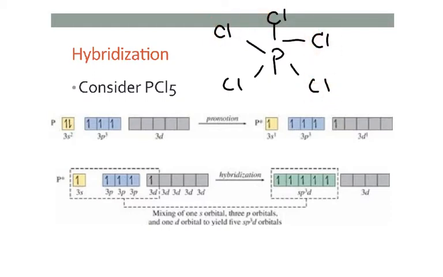If we draw the ground state configuration for phosphorus in the center, we're going to get something that looks like this. According to the ground state configuration, there are 3 bonding sites, 1, 2, and 3, to accommodate 3 chlorines. But, as you can see, we need 5 bonding sites.